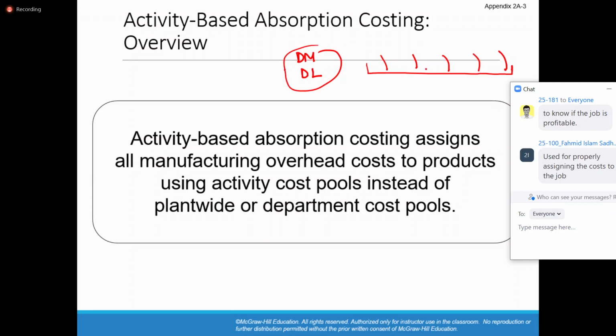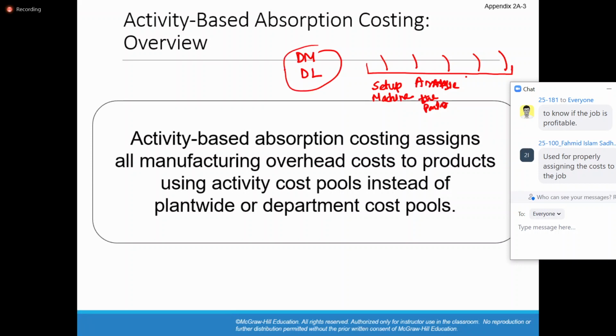Let's think you have to set up your machine for production. You have to assemble the parts of the products.